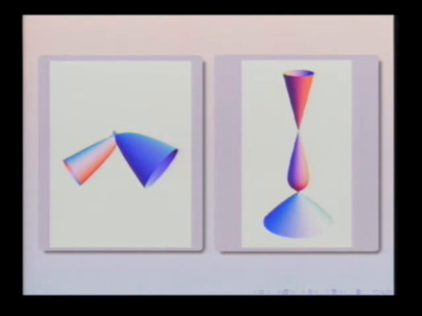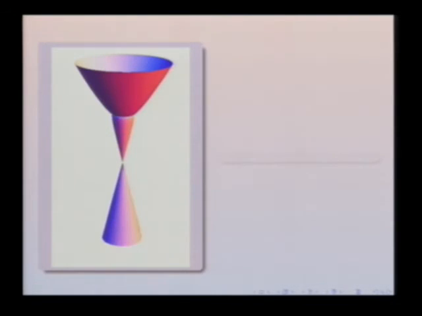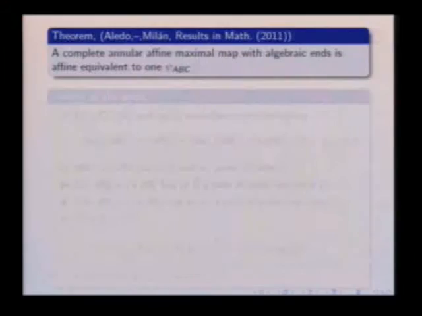Here you have some pictures of these annular affine maximal maps. Some of them are rotational, like these two, or are not rotational. Then it's possible to prove that also in a global sense, any complete annular affine maximal map with algebraic ends must be affine equivalent to one of the maps described before.